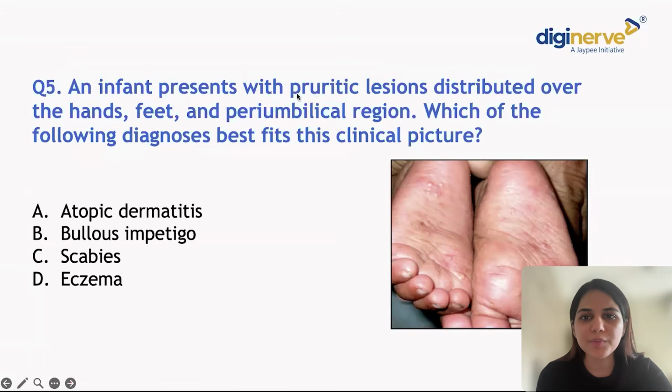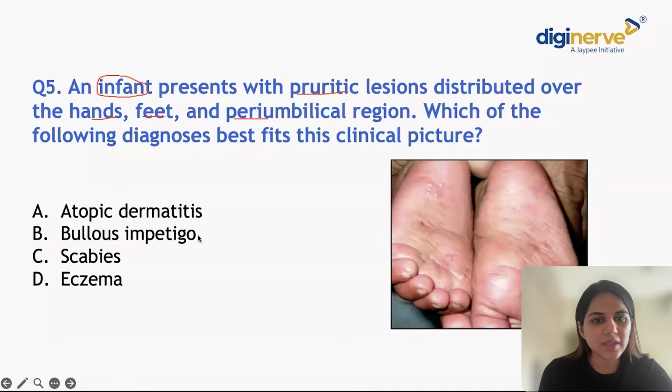An infant presents with pruritic lesion distributed over hands, feet, and periumbilical region. So here the clues are firstly the age group, which is the infant. Pruritic meaning itchy, hands, feet, and periumbilical region. So bullous impetigo mainly around the oral cavity, honeycomb crusted lesion.